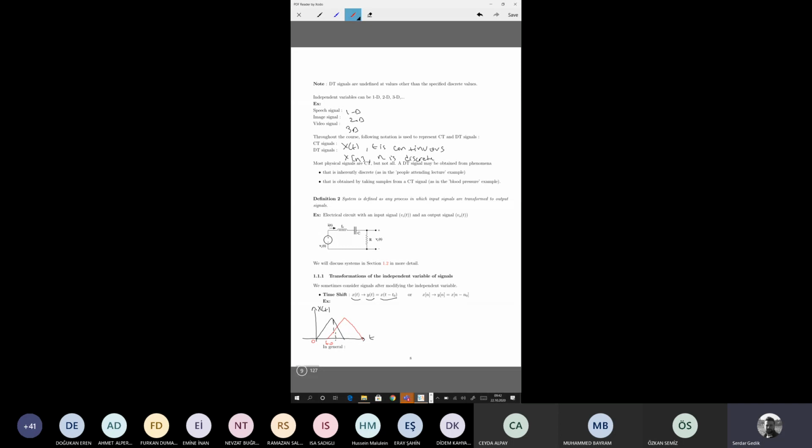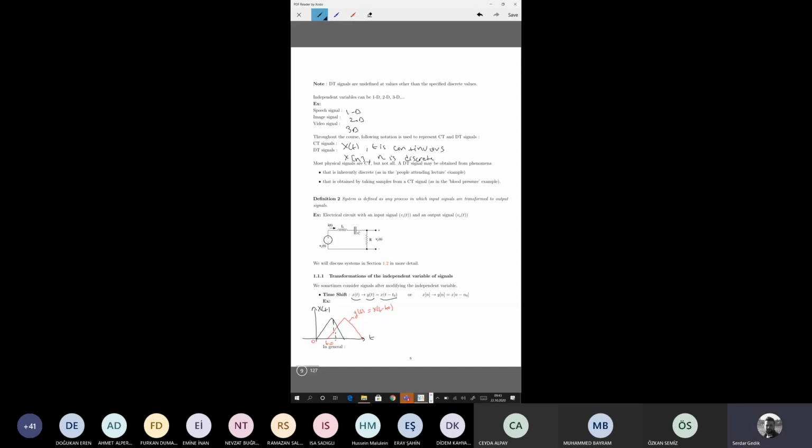In the original, the signal was starting from 0, but now the shifted signal is starting from t0. So this is my y of t, and it is nothing but x of t minus t0. So it is shifted by t0. In this example, if t0 is positive, the signal will be shifted to the right, and if it is negative, it will be shifted to the left. We will see more and more examples.